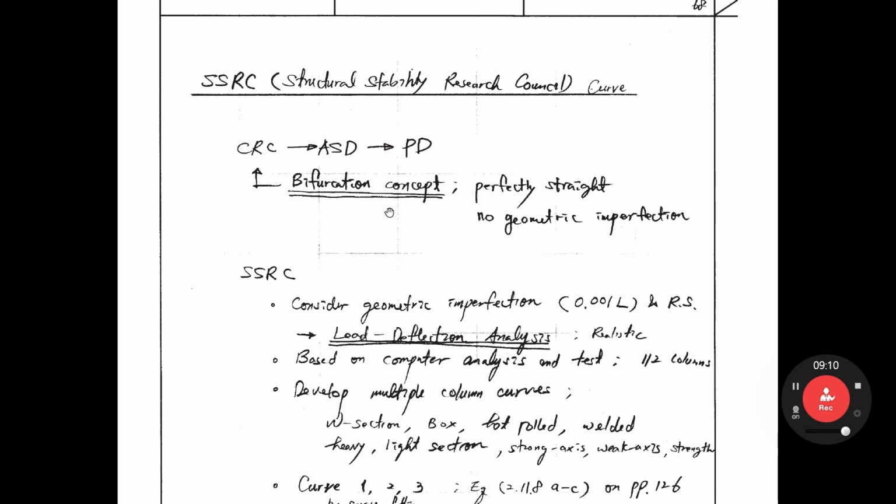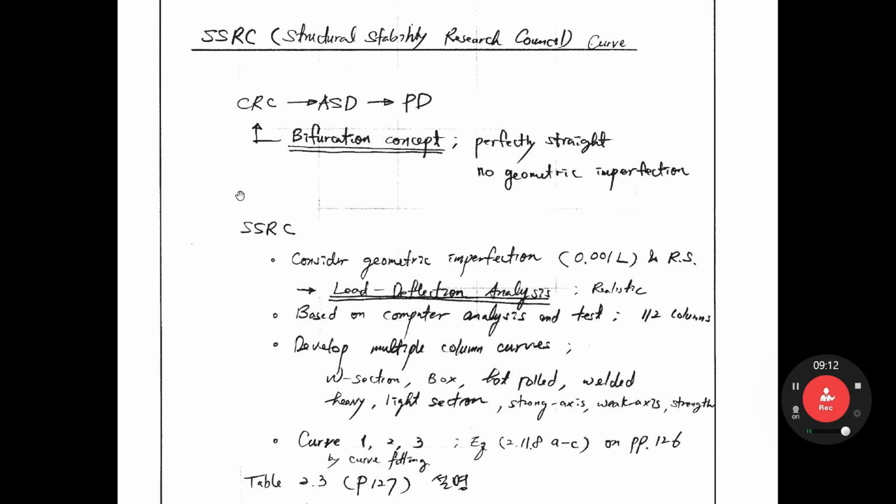But I'd like to introduce the SSRC curve. This committee comes from the CRC committee. Originally the name of the committee was CRC, but the name of the committee has been changed to SSRC. So we call it the SSRC curve.